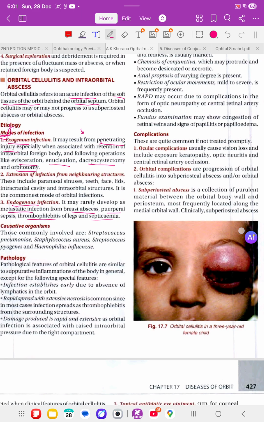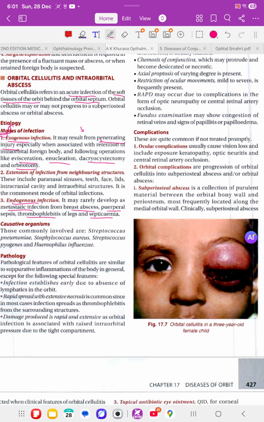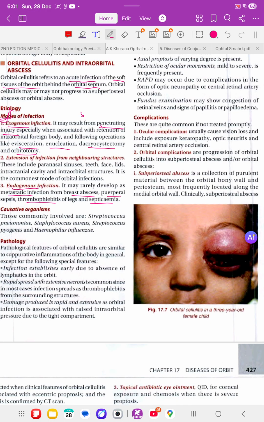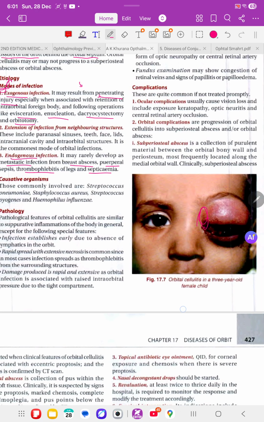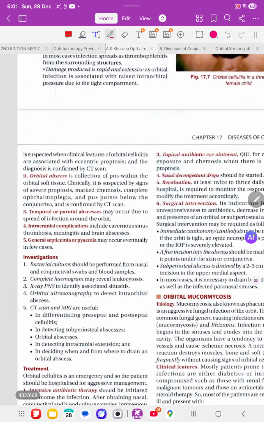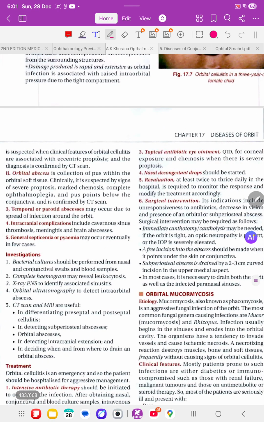Orbital complications: subperiosteal abscess, a collection of purulent material between the orbital bone wall and the periosteum, most often located along the medial orbital wall. This is the medial side, and here the abscess will form. Clinically, subperiosteal abscess is suspected when features of orbital cellulitis are associated with eccentric proptosis, and the diagnosis is confirmed by CT.